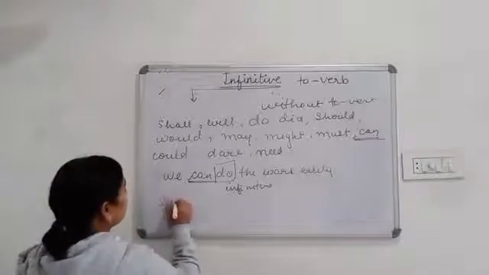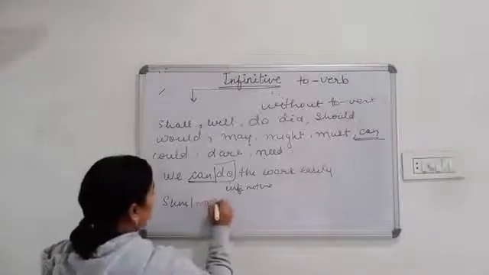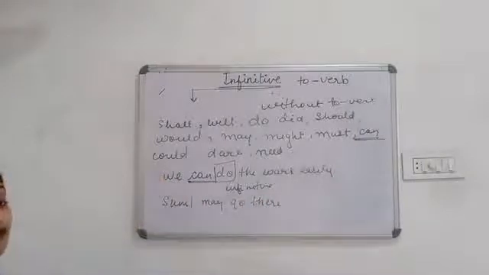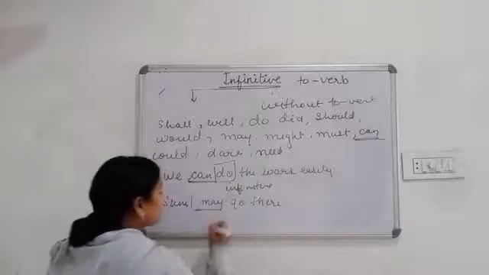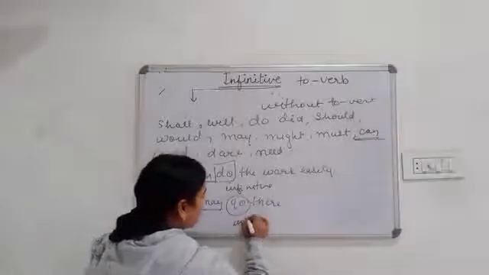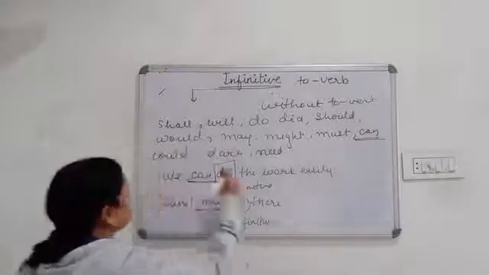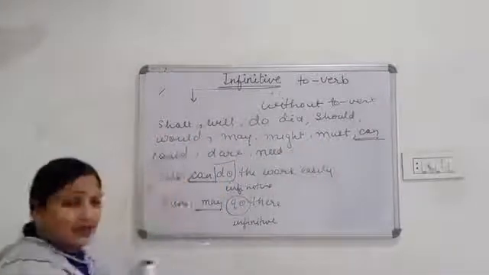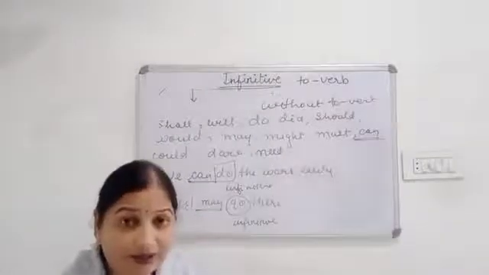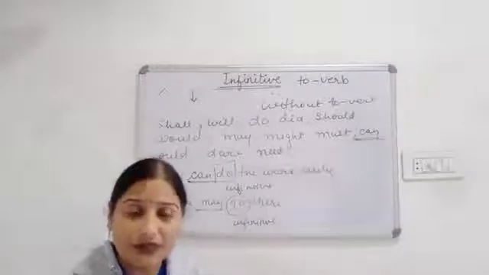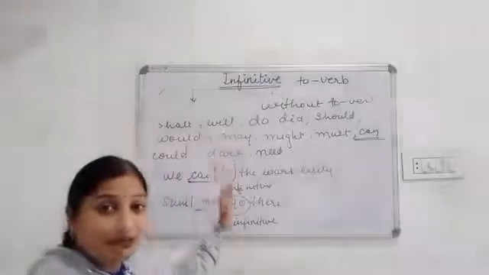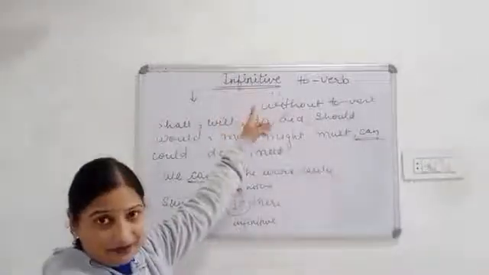Sunil may go there. Okay, once again, see, we have used may. So now this will be your infinitive. So after these words, if we use some verbs, then these verbs will look like the verb, but actually they will be the imposters, and they will simply tell us the meaning in the form of infinitives.